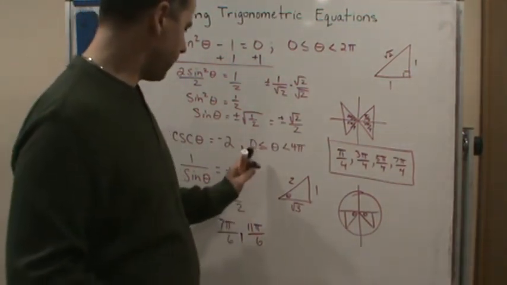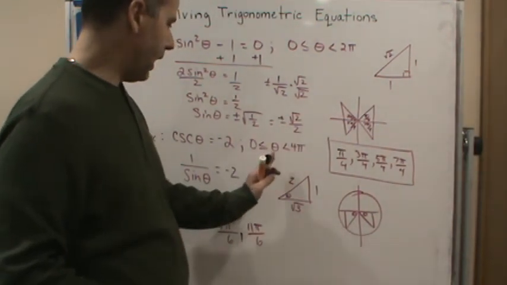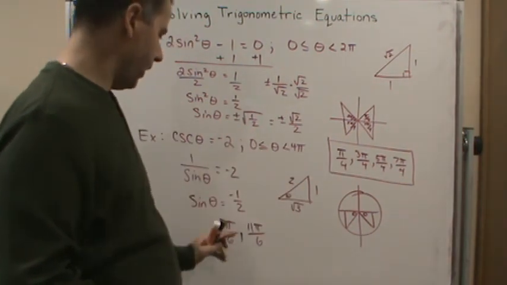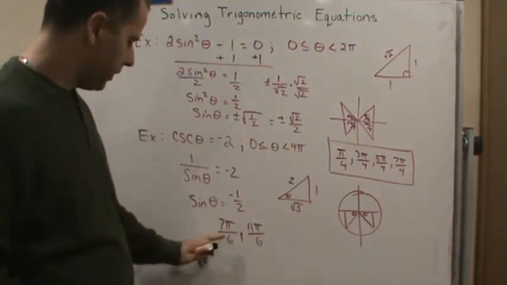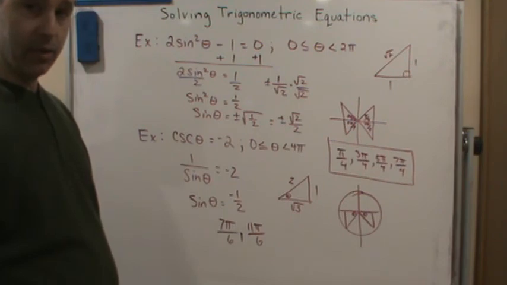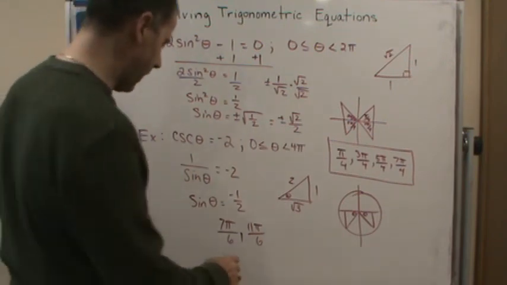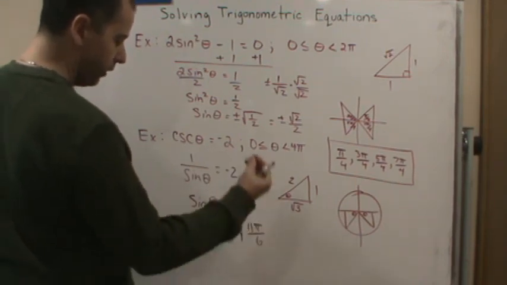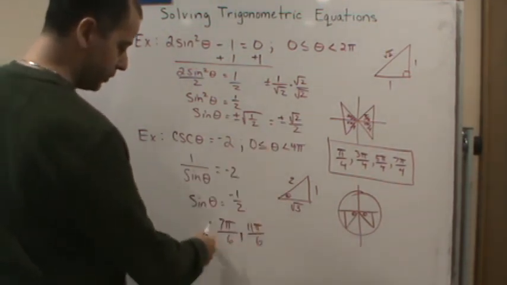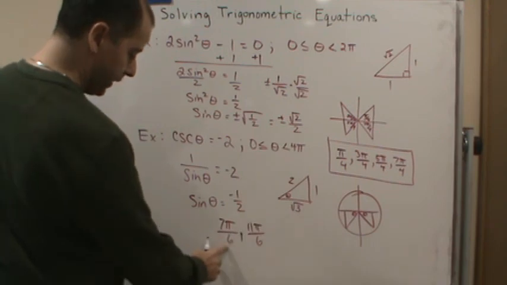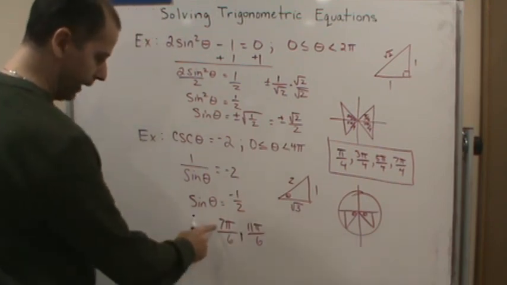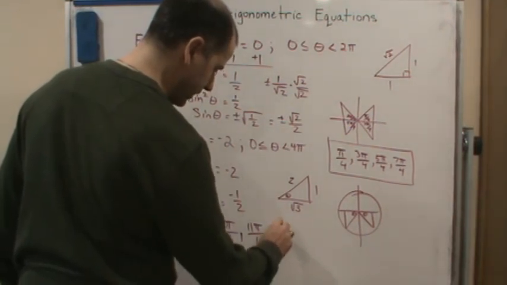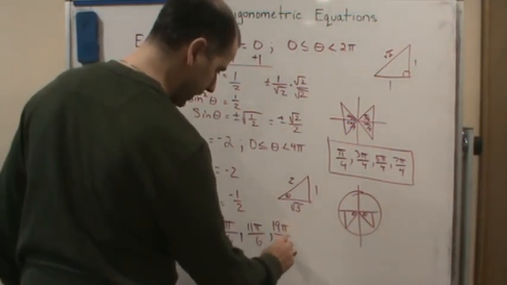And guess what? Now, that's from 0 to 2 pi. So now to get the other two, all we're going to do is one more revolution. So we're going to just add 2 pi to this. So we're going to add another 12 pi over 6, which is the same as 2 pi, because we've got common denominators here. So if we add 12 to 7, we get the next one, which is 19 pi over 6.